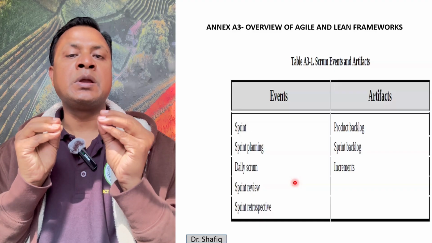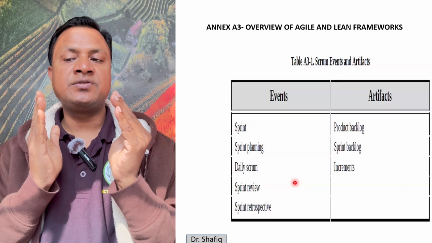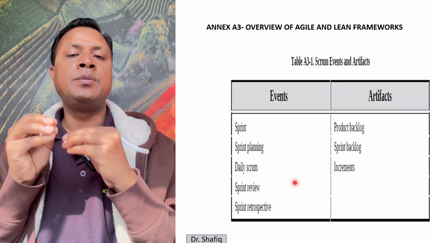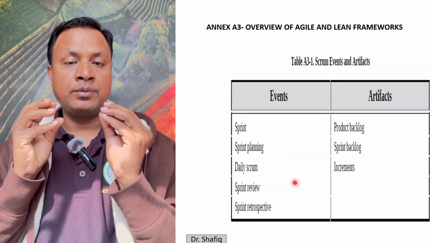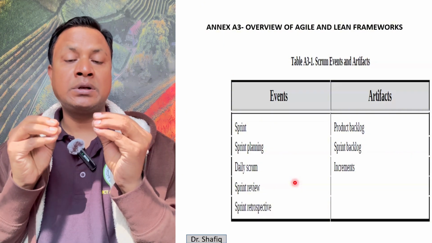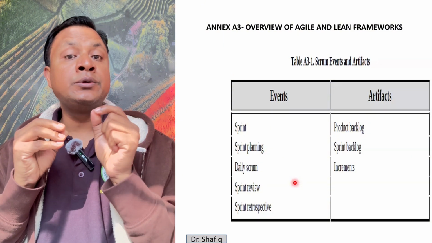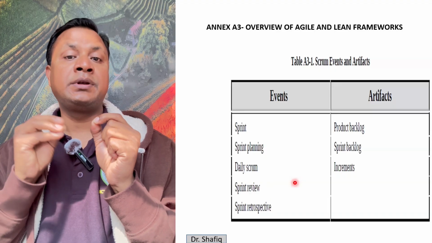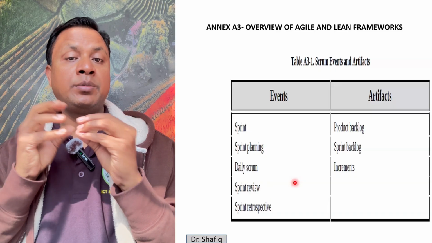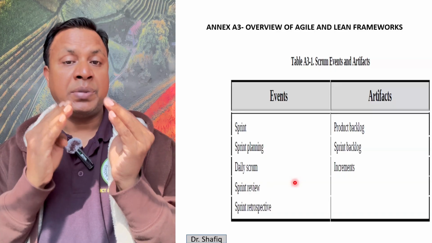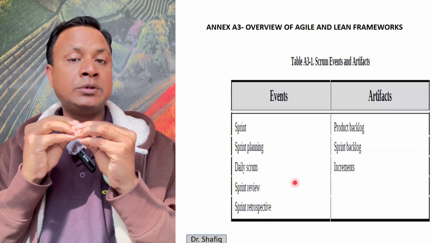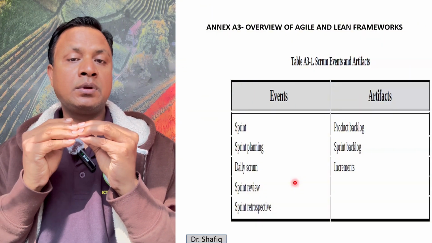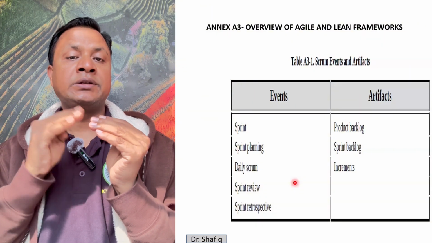And what are the increments? If in each sprint you make something, that part or feature of the product will be deliverable and can be used by the ultimate customers. Whenever you make a part of the product that can be used by the customer, it's called one increment.